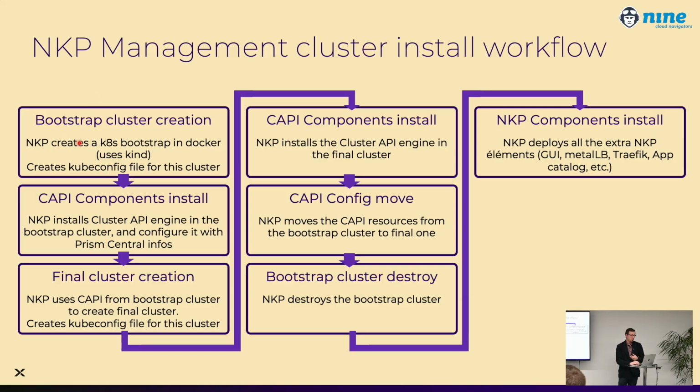With Nutanix, I have the bootstrap cluster creation, then we have the API component install, and finally, if you look up here, we are going to destroy the bootstrap cluster completely for you. That's normally manual work you need to do. So in day-to-day life, it makes your life easier because it's an automated workflow.